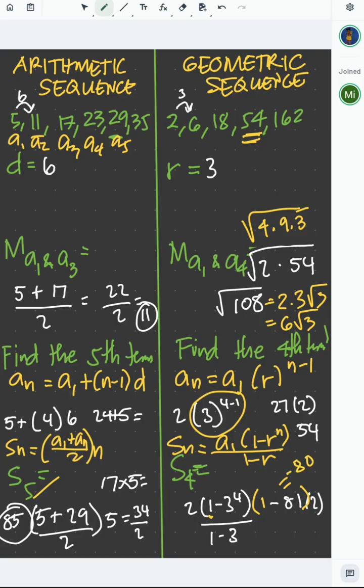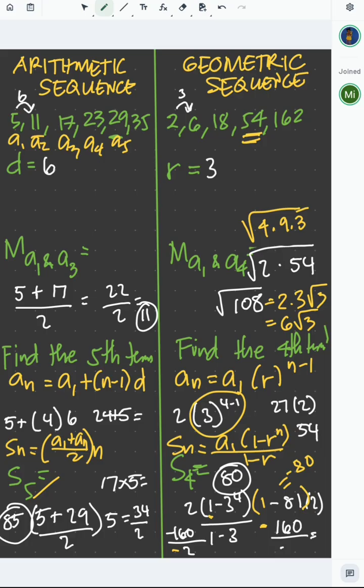Okay, so negative 80 times 2, it's negative 160, over negative... okay. Yes, positive 80. Very good.